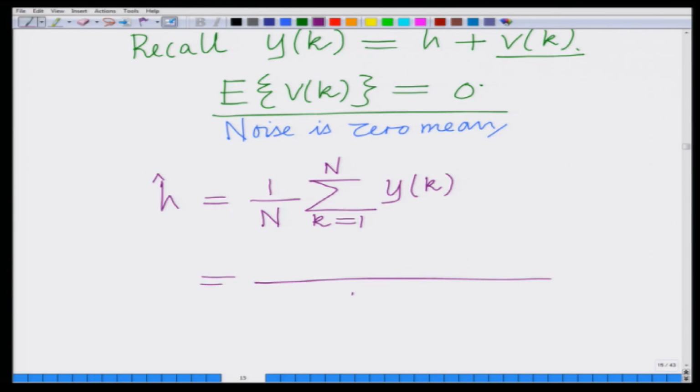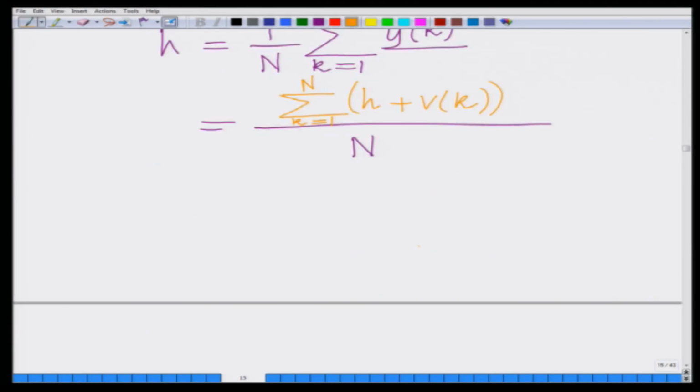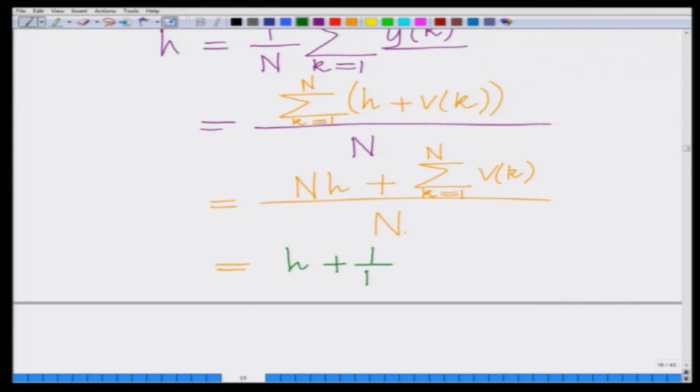Now, substituting this expression for yk, remember, each yk is h plus Vk, this is 1 over n summation k equals 1 to n of h plus Vk, which is n times h plus summation k equals 1 to n of Vk, divided by n, which can now be simplified as h plus 1 over n summation k equals 1 to n of Vk.